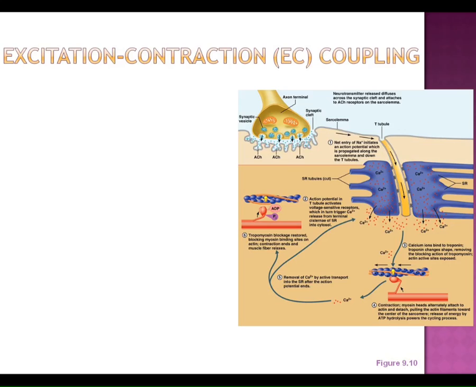What does calcium bind to? Troponin. What does troponin do when it's bound to calcium? Changes shape, pulls the tropomyosin off, then the myosin head connects, binds, and pulls, which is the power stroke fueled by ATP.